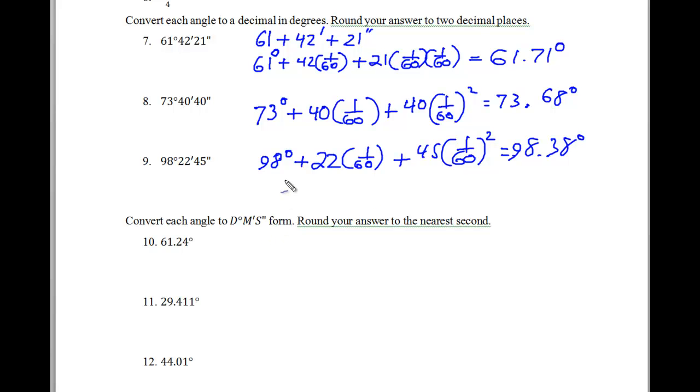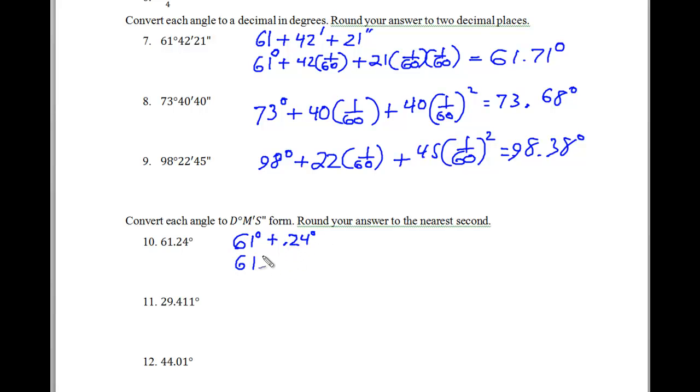Now, to go backwards here, from a decimal degree, we are going to use this principle of every smaller piece being 60 times less than that. So let's look at this. We're going to take our 61.24 degrees and break this up into 61 degrees plus 24 hundredths of a degree.